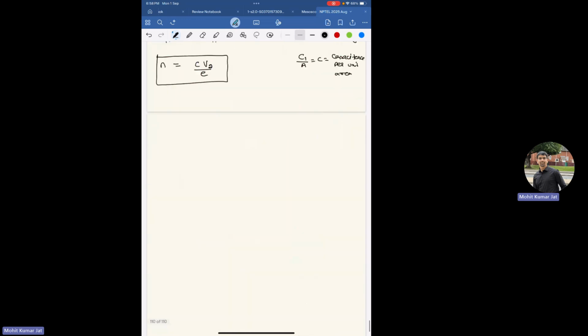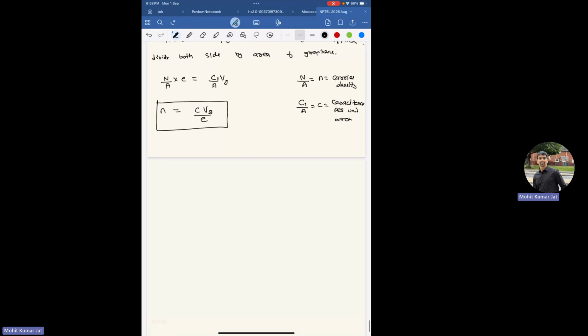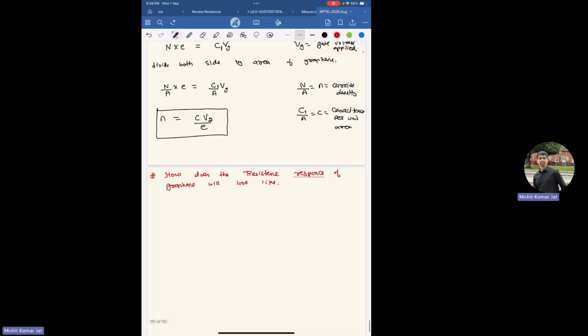Now, if I ask you how the resistance response of graphene will look like, it has this linear band.